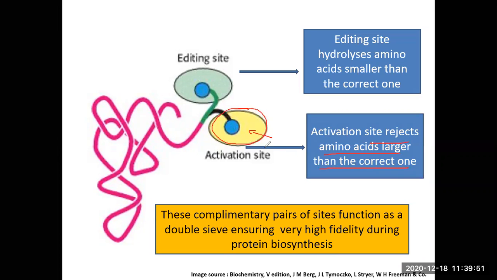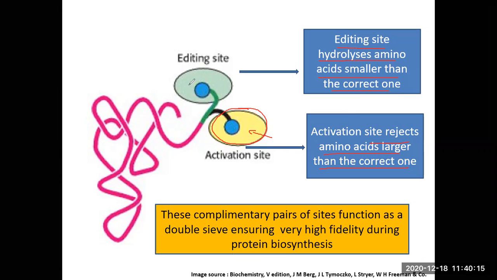The amino acids smaller than the correct one can enter and will get activated, but then you have a complementary site called the editing site. This editing site hydrolyzes amino acids which are smaller than the correct one. So larger ones cannot enter the activation site, and smaller ones that enter and get activated will be hydrolyzed at the editing site.